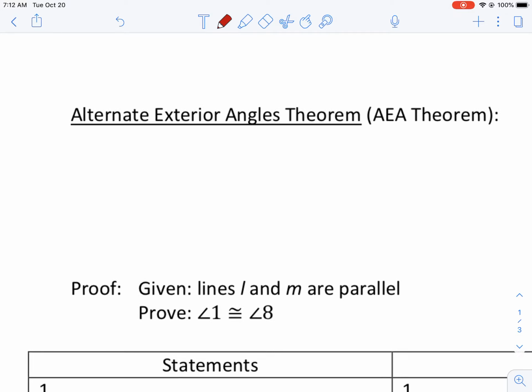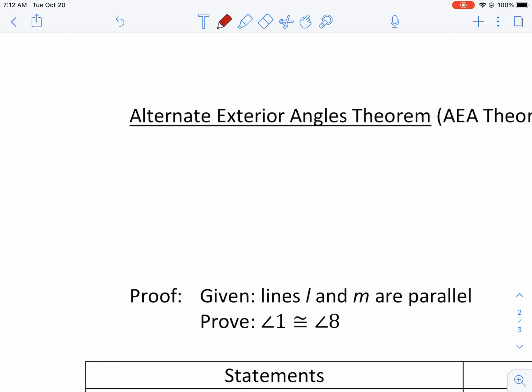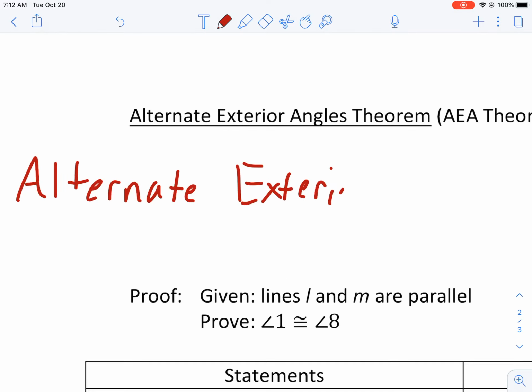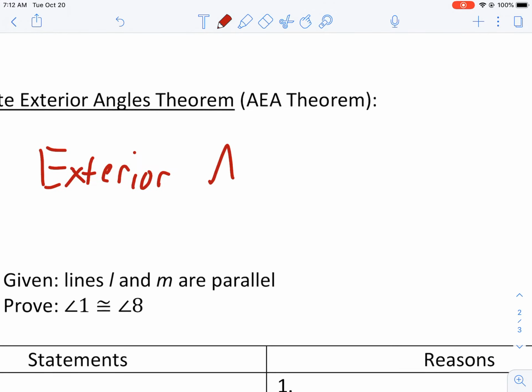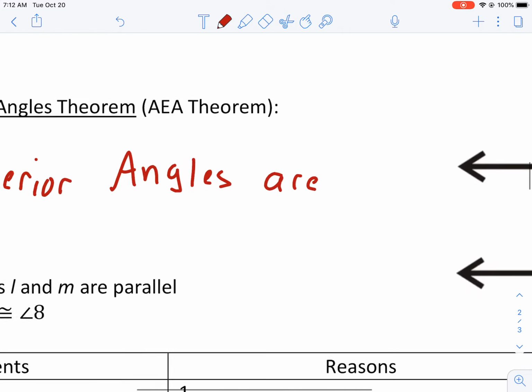The last thing is the alternate exterior angles theorem. And what do we know about alternate exterior angles? So here we're actually going to go back to the pattern. Alternate exterior angles are congruent.